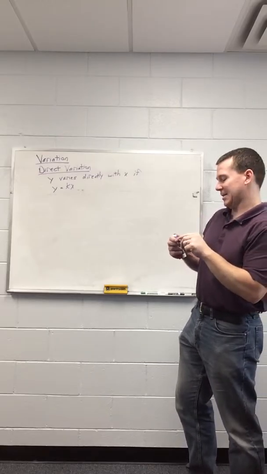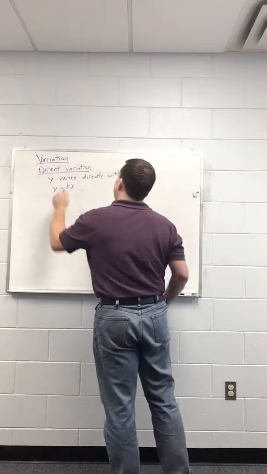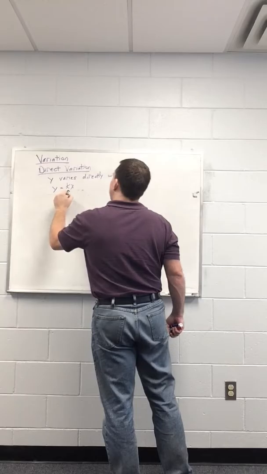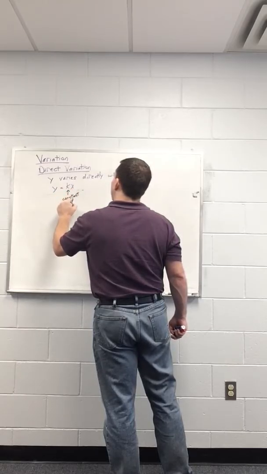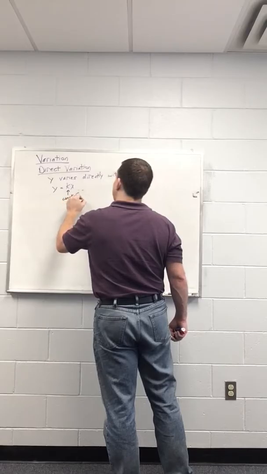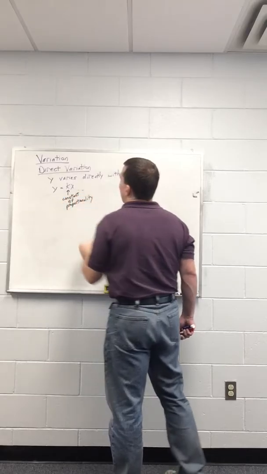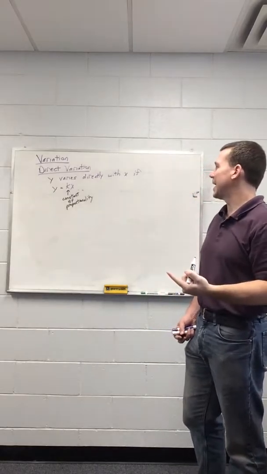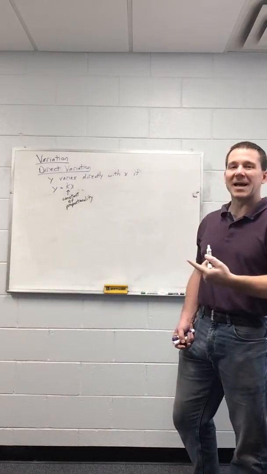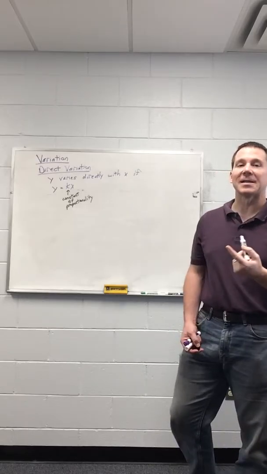And this K gets a special name. It's called the constant of proportionality. Another way to say this: Y varies directly with X, you can also say Y is proportional to X.